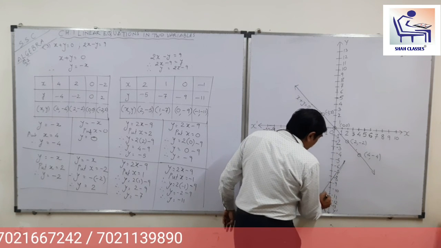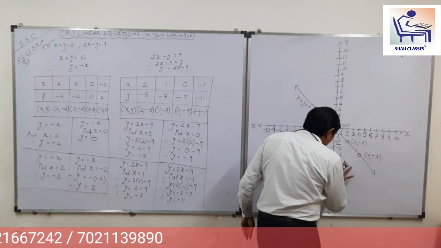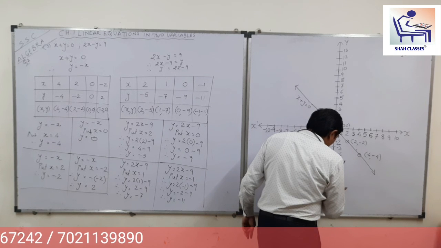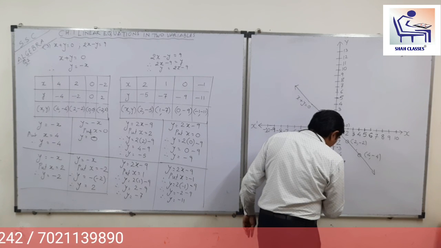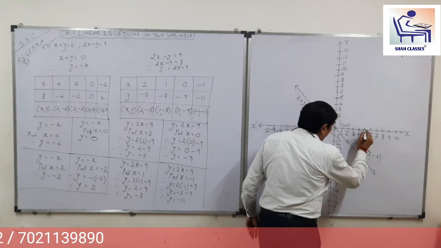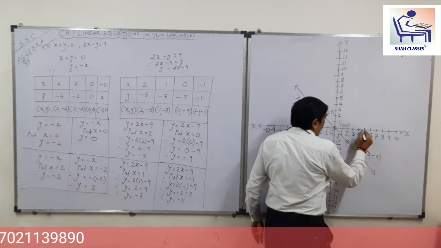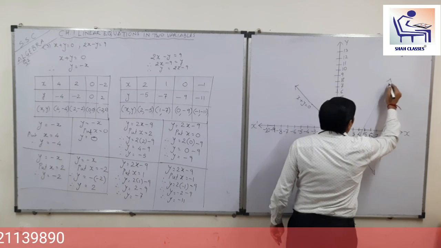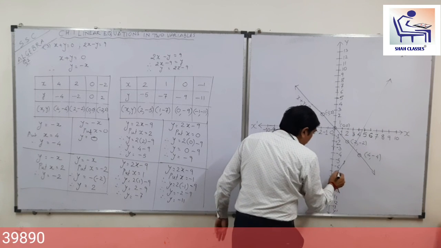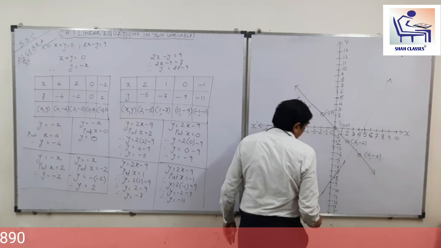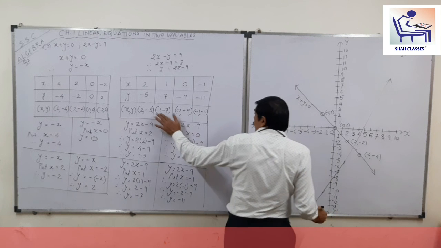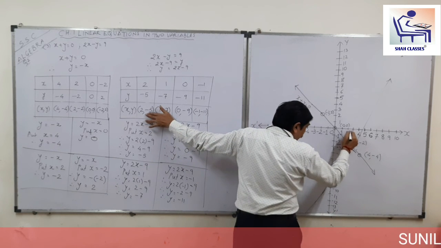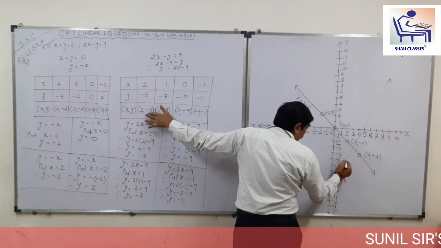Minus 1 minus 11. So 2 minus 5, this is your first point.